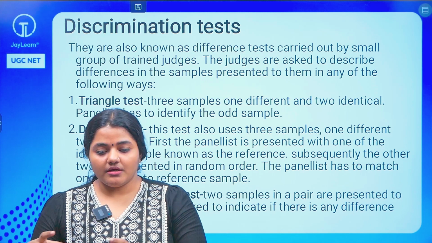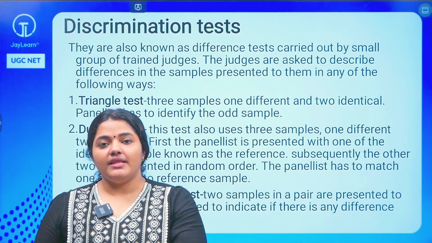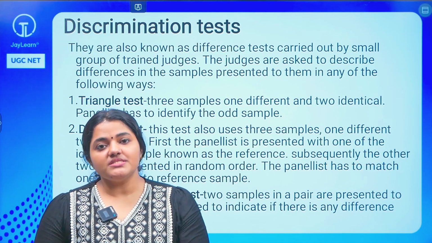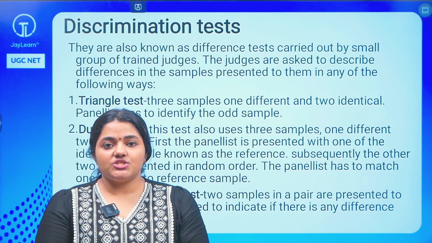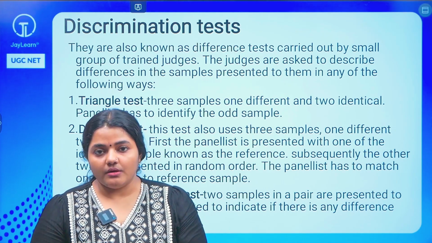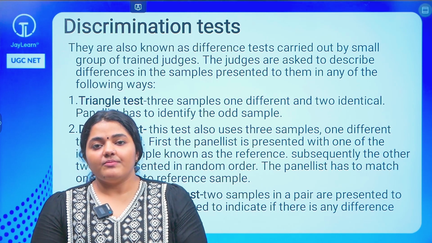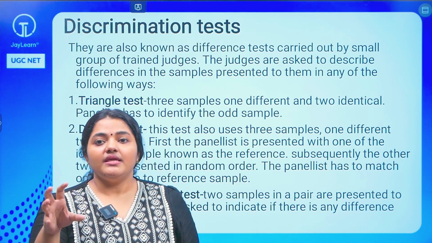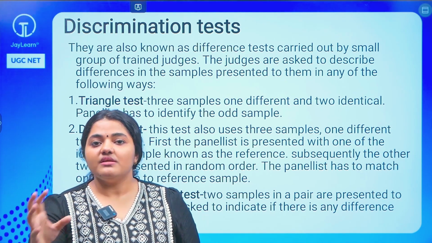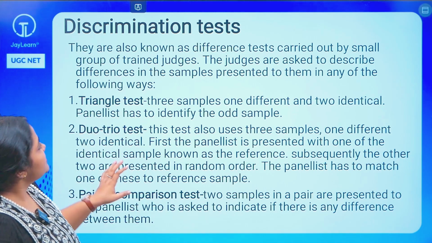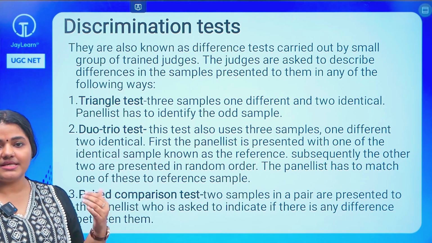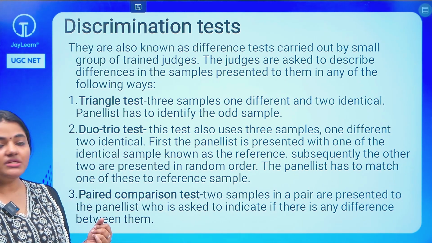Such differently concentrated Lays will be given to the panel members, and they are asked to identify either the odd one out, or we will be giving one reference and the panel member is asked to identify the sample which is close to the reference one. Such assessment is known as discrimination test.